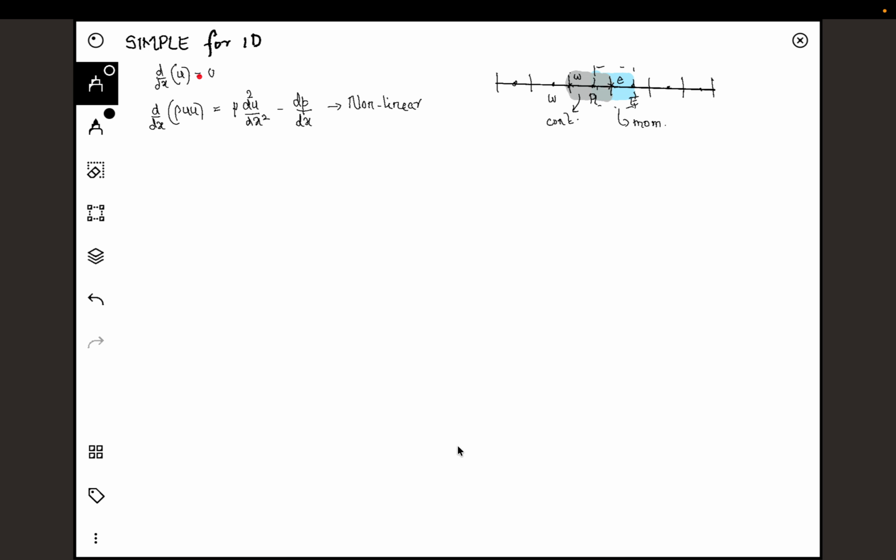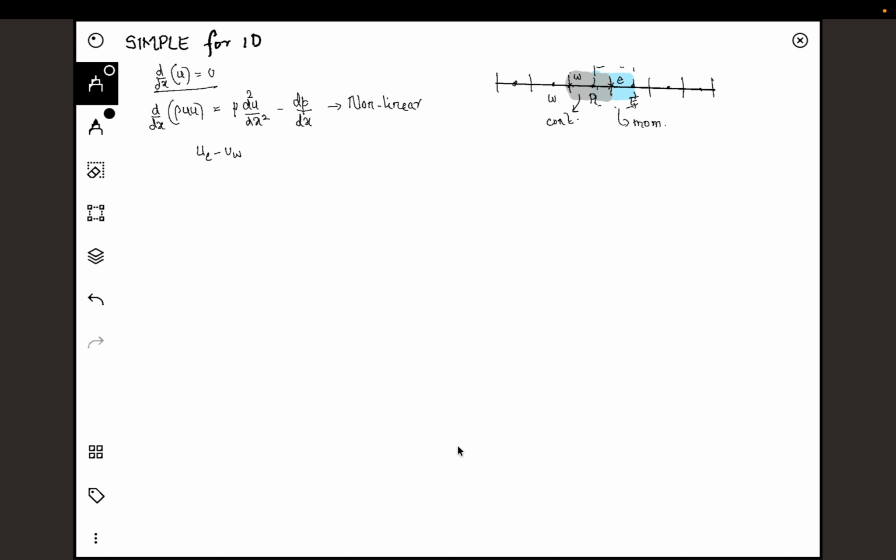When we do the discretization, we will end up with a set of matrices. So this equation will become something like D, where D is the matrix, or I'll write it in the standard form that's familiar to us. If you do the integration, here it will be u east. The continuity equation should be discretized across the cell center, so this will be the cell for which I'm doing the discretization. It will be u east minus u west.